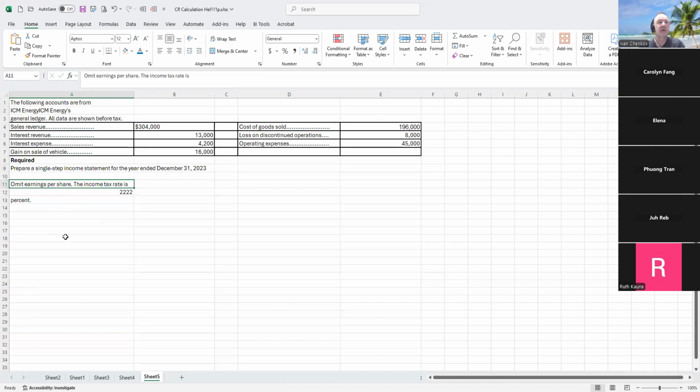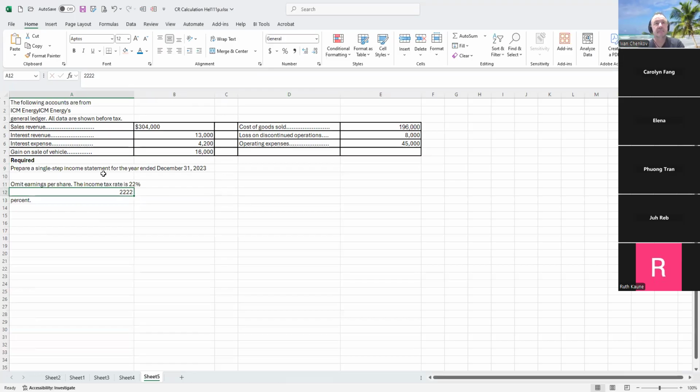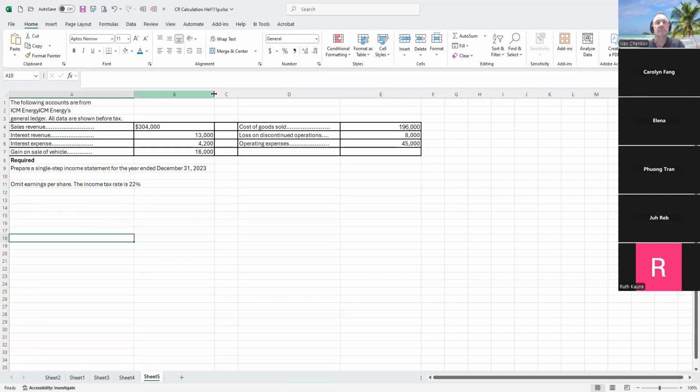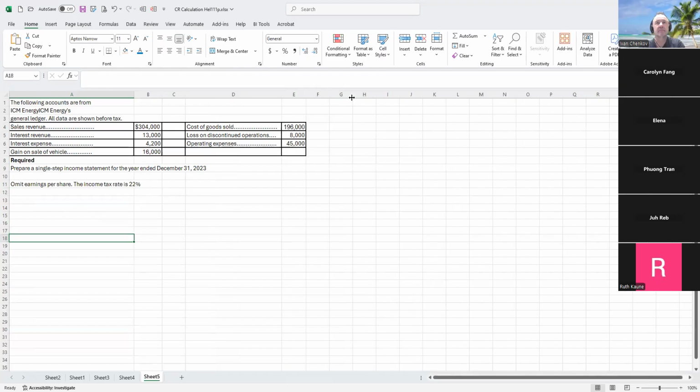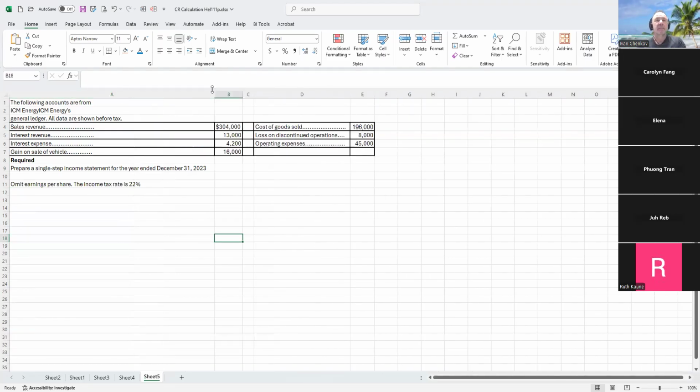We have to forget about earnings per share, and income taxes are at 22%. That's what we have to do. Can you see the questions? Yes. Okay, let's go one after another.